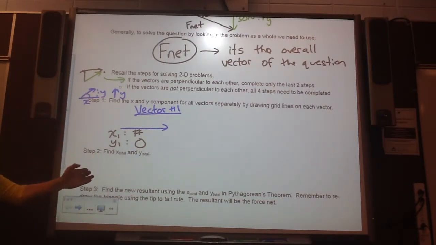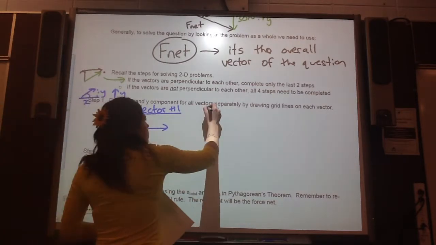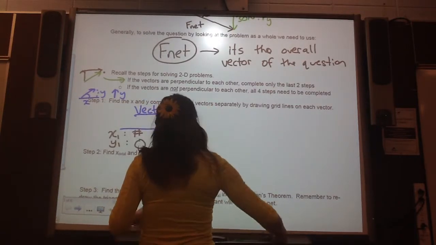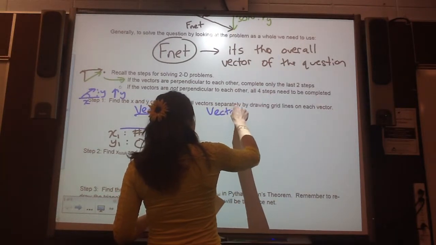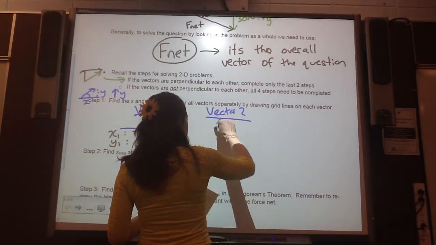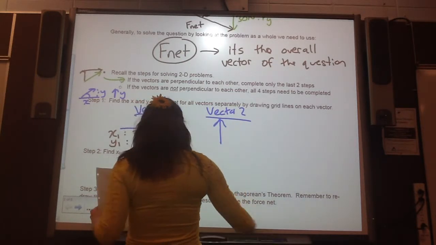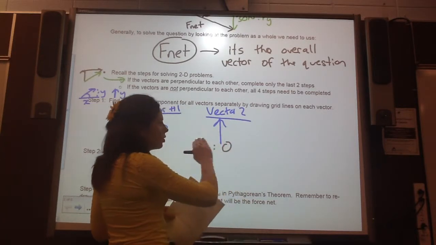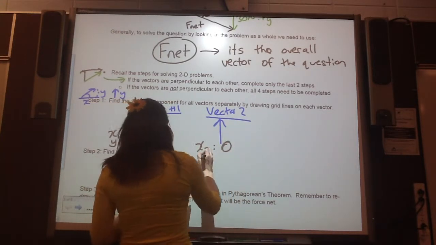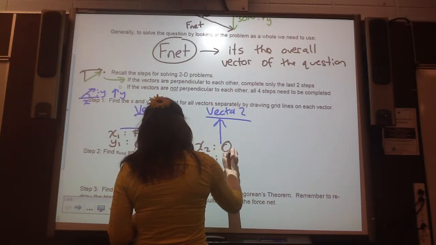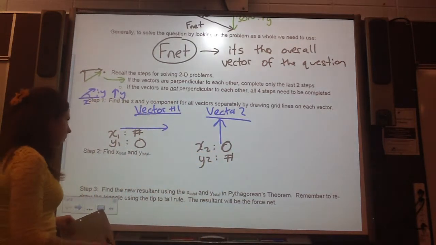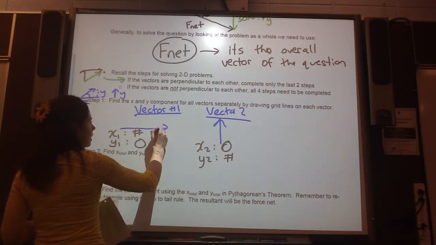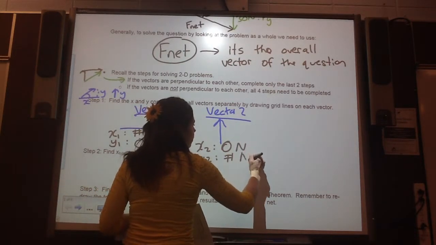It's a horizontal vector. Similarly, for vector 2, say it's a vertical vector, our x2 would be 0 because there's no horizontal to it, and y2 would be whatever number we're given. And I should say these are all in newtons because we're dealing with force.